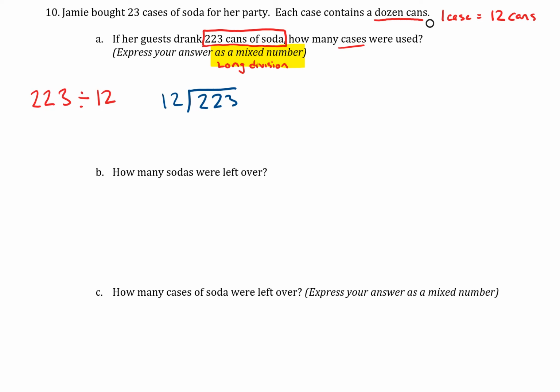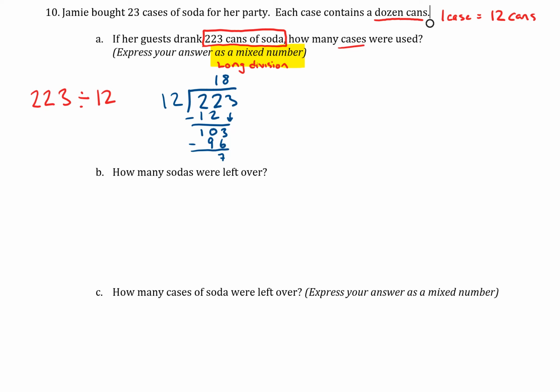Okay, so let's see. 12 goes into 22 one time. Subtract. That'll give us 10. Bring down the 3. 12 goes into 103 8 times, and 8 times 12 is 96. So when we subtract, we'll have a remainder of 7.